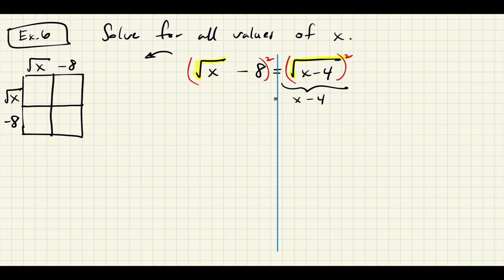Square root of x times the square root of x makes the square root of x squared, which is just x. -8 square root of x, -8 square root of x, positive 64.